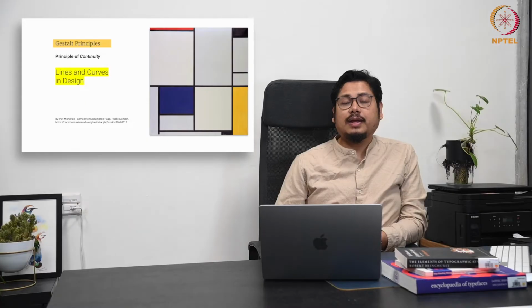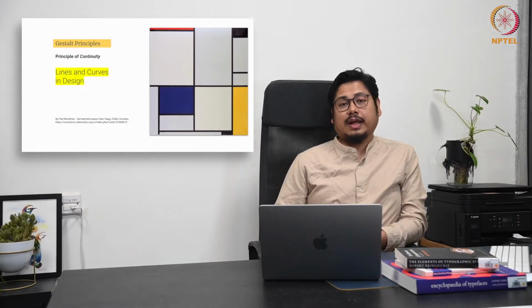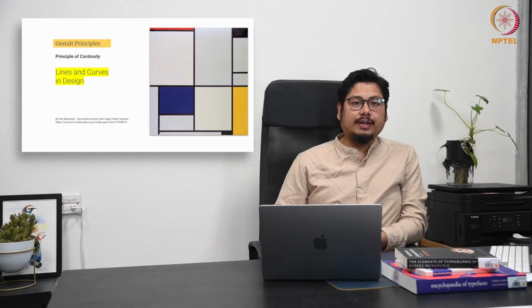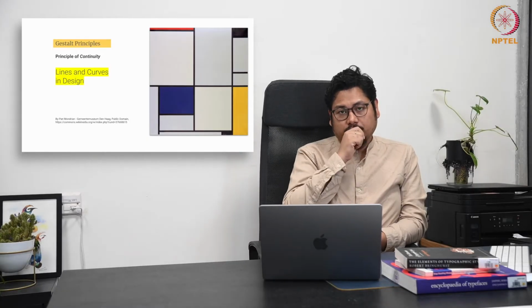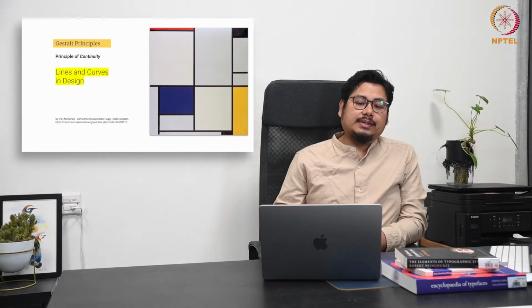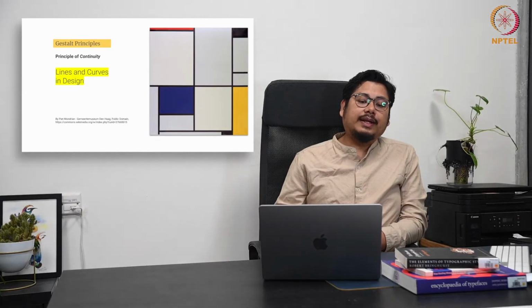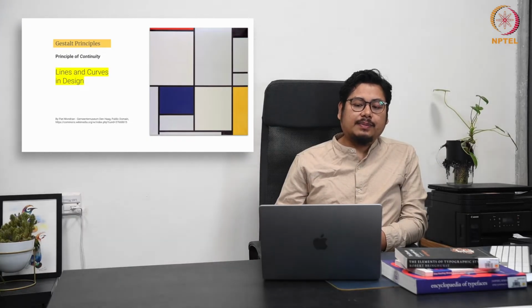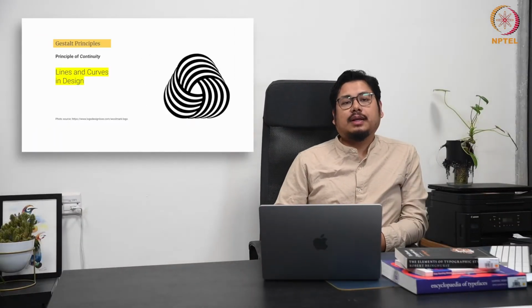If you consider iconic poster designs, definitely Piet's work has been recognized globally, and I would recommend you look into his work and understand his perception. This falls beautifully in the category of the principle of continuity, where lines and curves play an important role in expression.